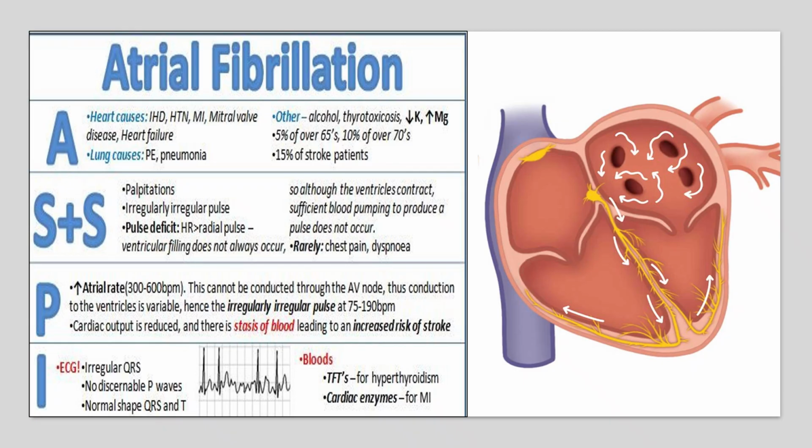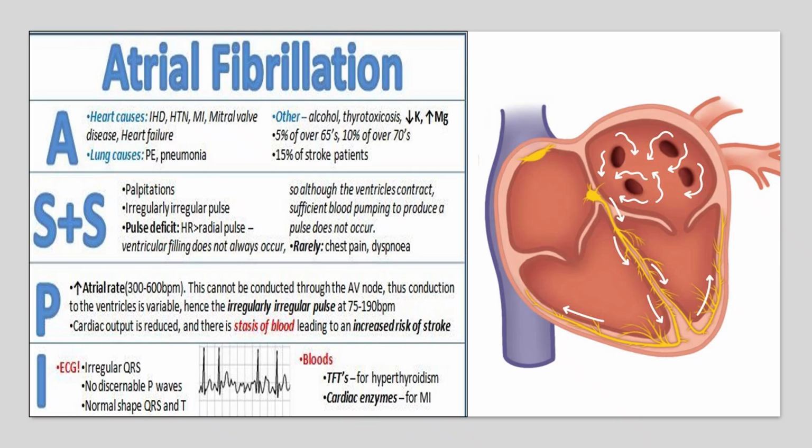AFib is the most common dysrhythmia in the United States. It's estimated that anywhere between 5 million to 10 million Americans live in a state of chronic and or permanent AFib. And we know normally when the SA node fires, it fires in a very organized manner, right? It goes from the SA node to the AV node, down into the bundle of His and Purkinje fibers, causing the ventricles to contract.